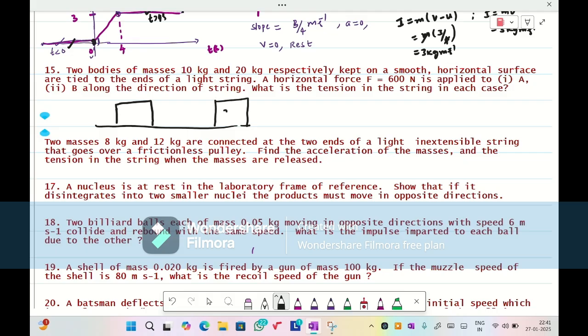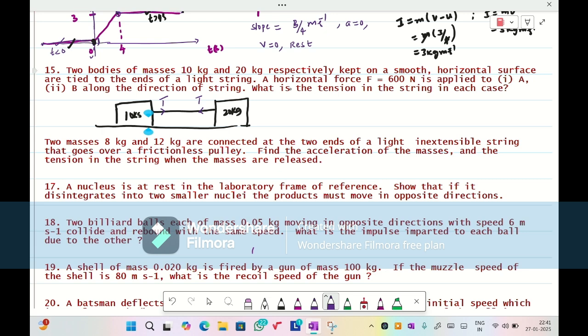So here 20 kg is there and here 10 kg is there. These two are connected by a light, massless string. If mass is there, you have to consider total mass. So massless string, so here is the tension and here is also the same tension.